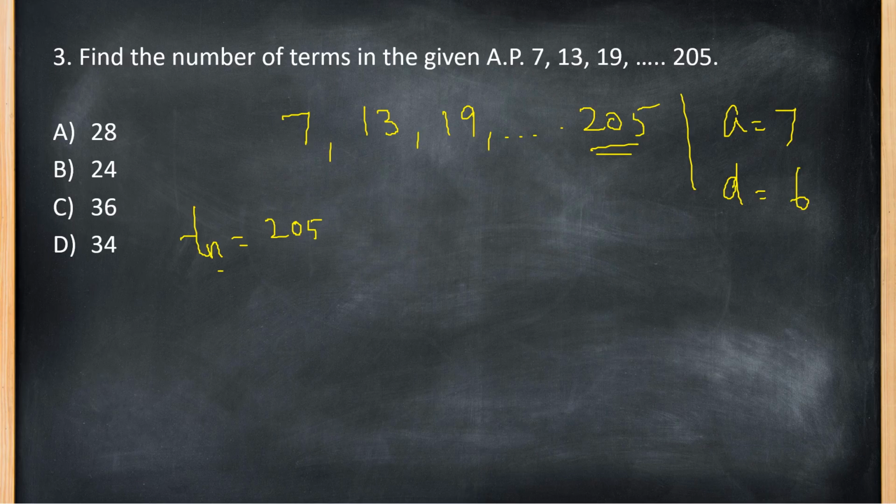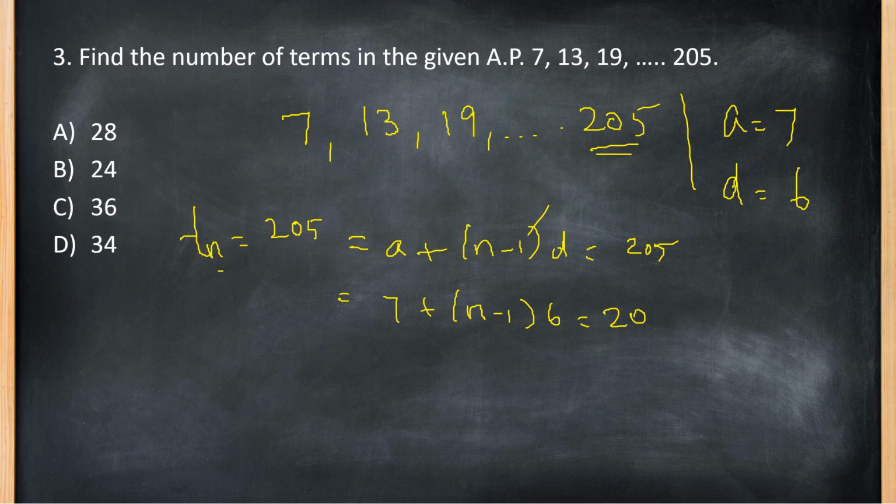So Tn is 205. I would take this as a plus n minus 1 into d as 205 and just substitute the values of a and d. So a is 7, 7 plus n minus 1 into d, d is 6, gives us 205. Then n minus 1 into 6 is going to be 205 minus 7, which is 198.